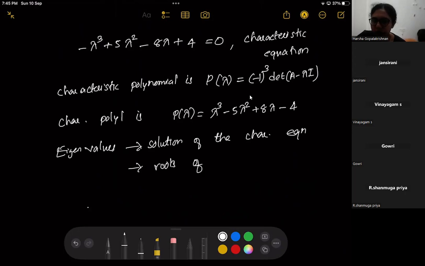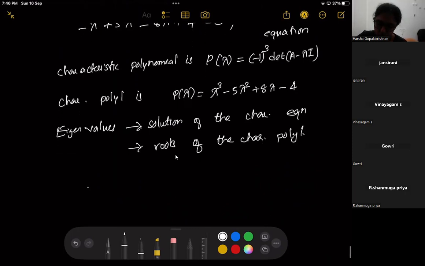If we are finding the roots, it means the values of lambda at which it becomes 0. So the roots of the characteristic polynomial are the eigenvalues, or the solutions of the characteristic equation. Both are the same. So we need to find the eigenvalues here.